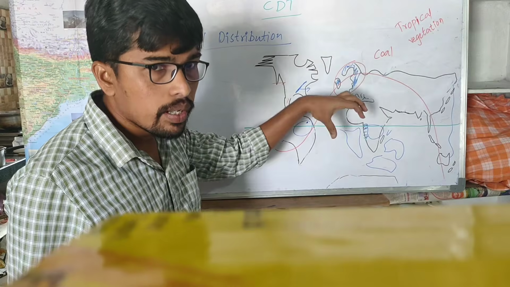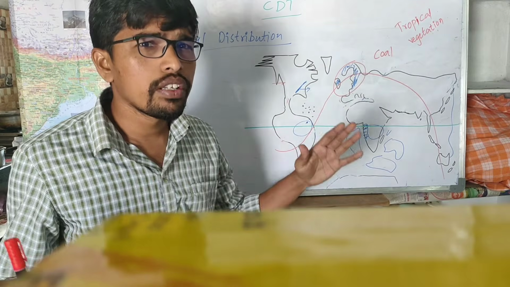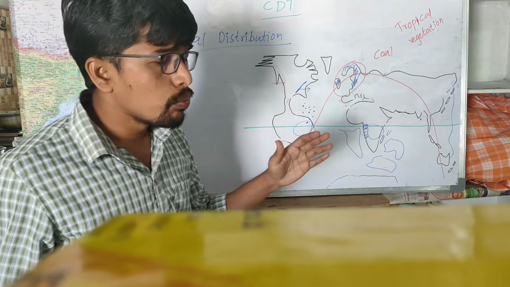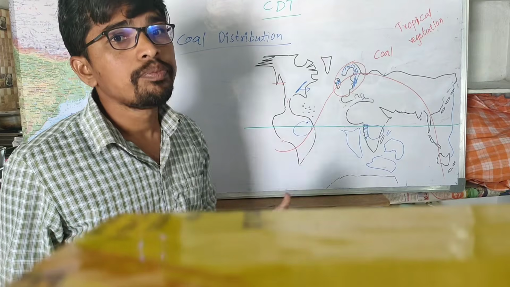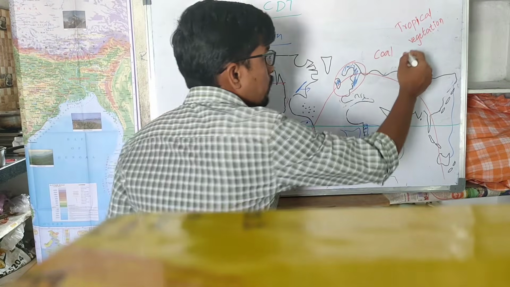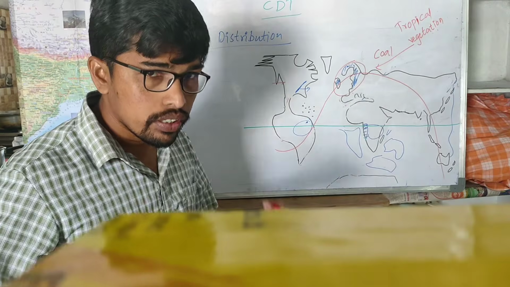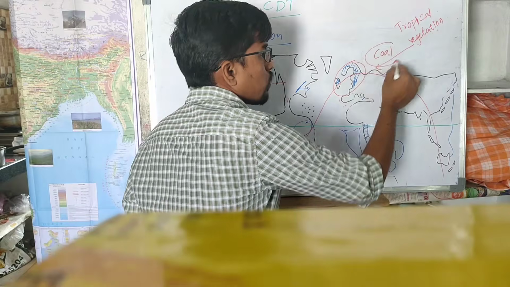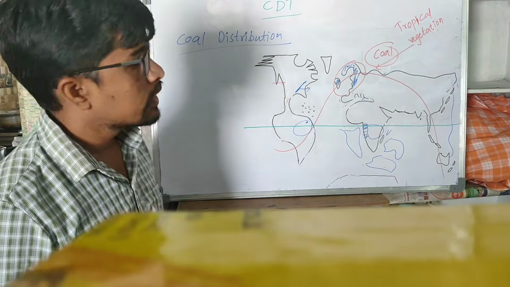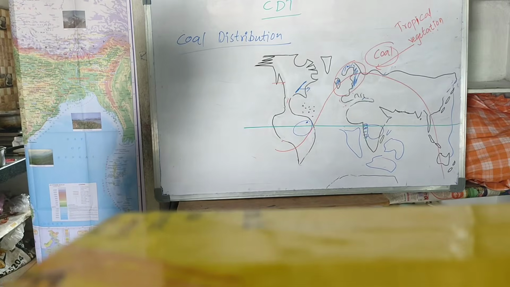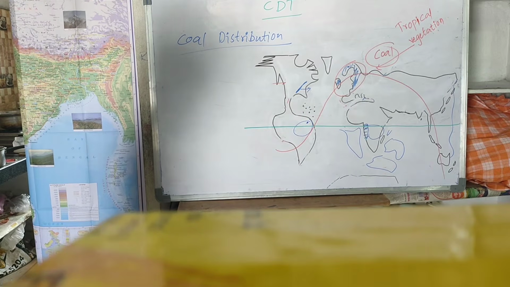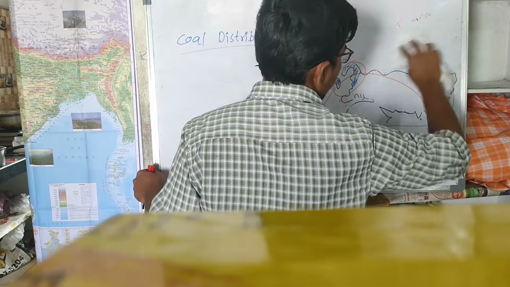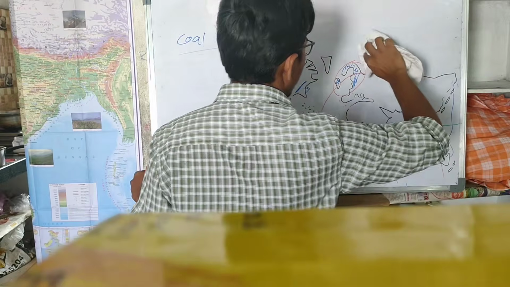It takes millions of years to move through these areas. When they were there, they had tropical vegetation. The tropical vegetation went under a huge water body, forming the coal deposits. This was one example given by Wegener, which is the proof that the continents were once united and have drifted away right now.